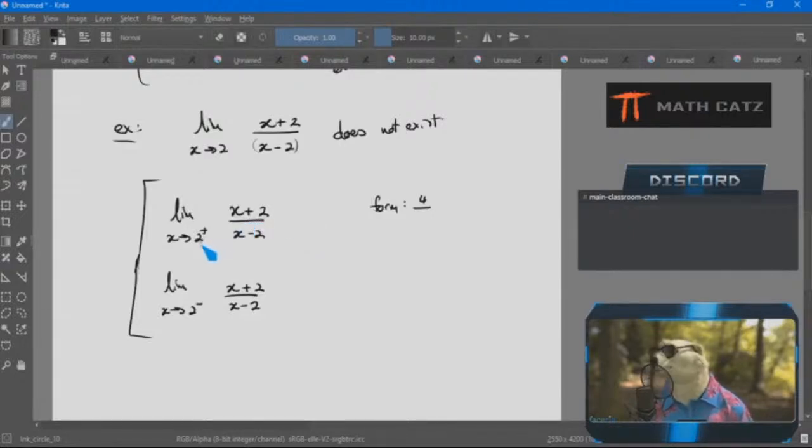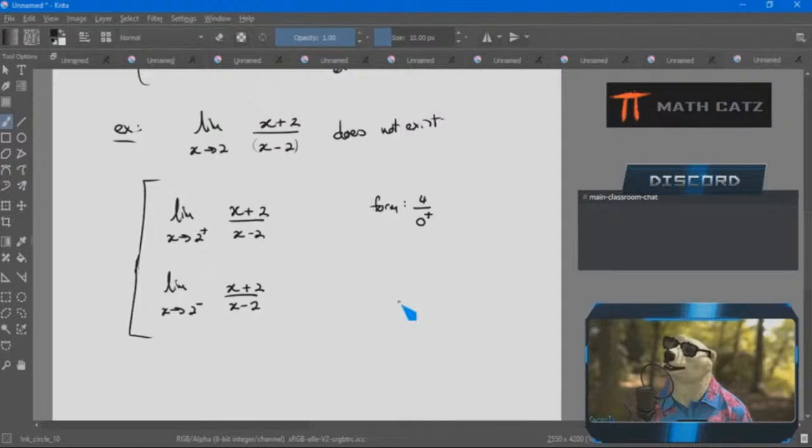If x gets closer to 2, regardless of which side, x plus 2 is going to get closer to 4. Done. If x gets closer to 2, I know x minus 2 is getting closer to 0. But if x is always on the right of 2, like 2.1, 2.01, 2.001, then subtracting 2 from that x value gives a little positive number.